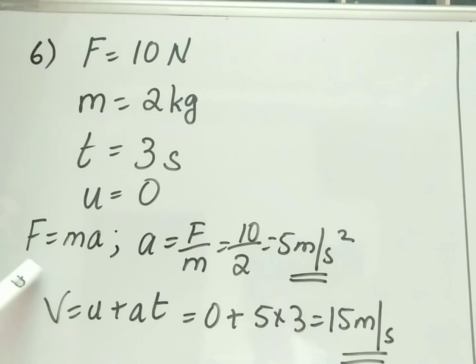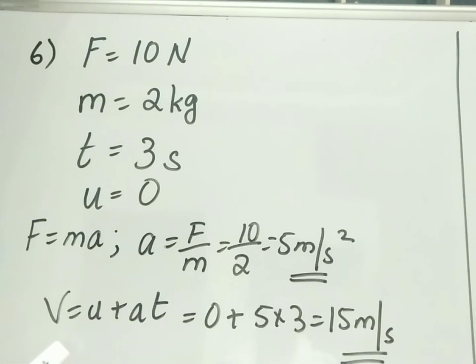We have the formula F is equal to ma, mass into acceleration. And from that, how will you calculate acceleration? Acceleration is force by mass. That is 10 by 2, you will get 5 meter per second square. Actually, you are not asked to calculate acceleration, but still we have to calculate it because you are asked to calculate the velocity.